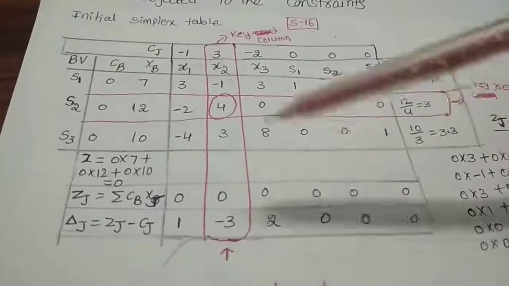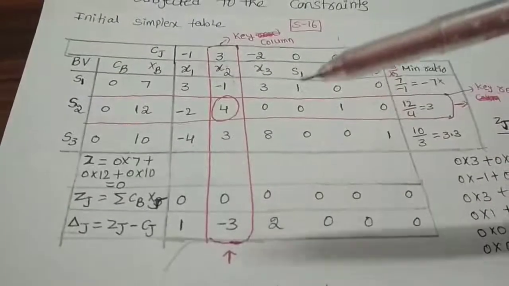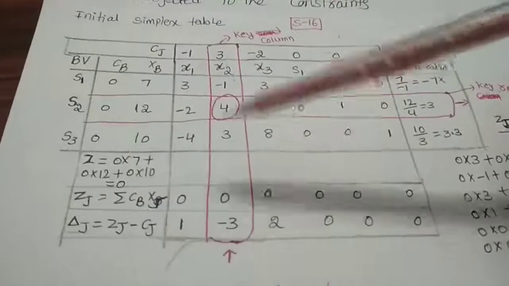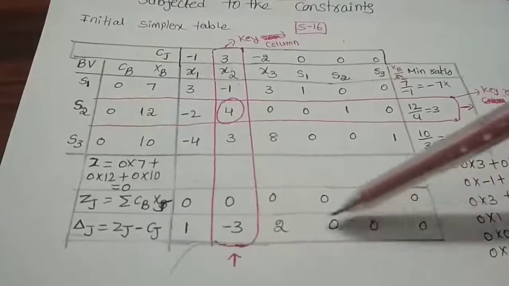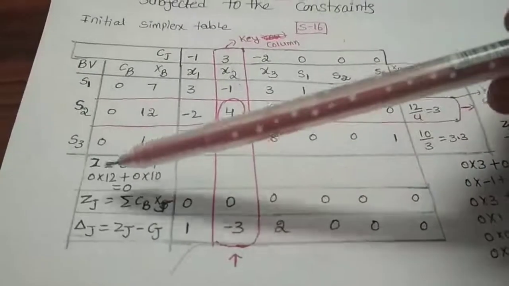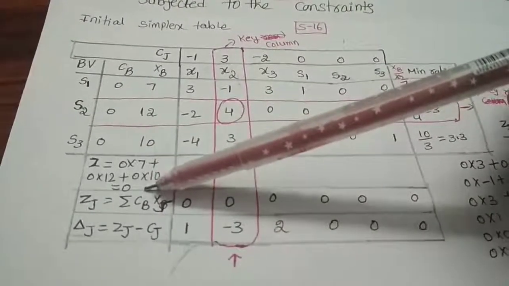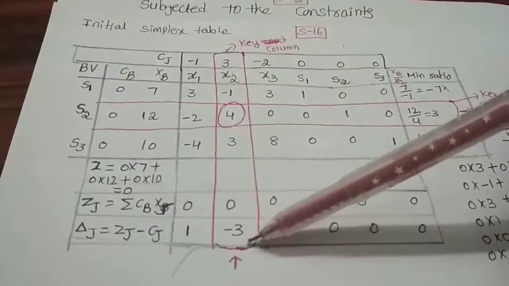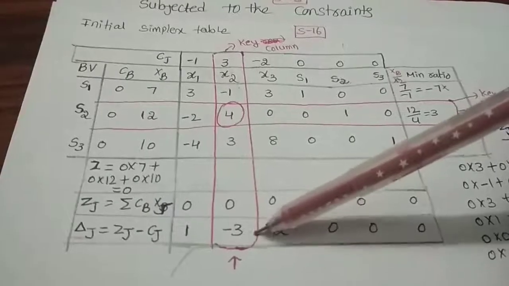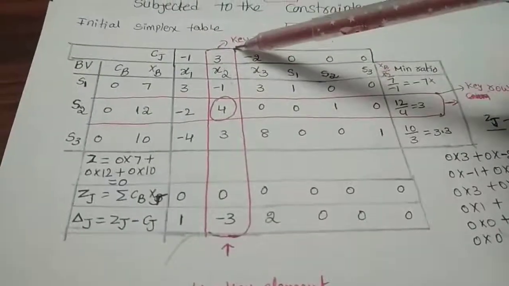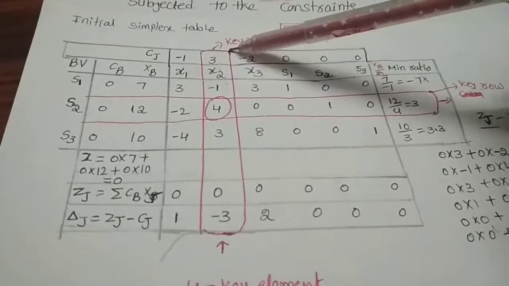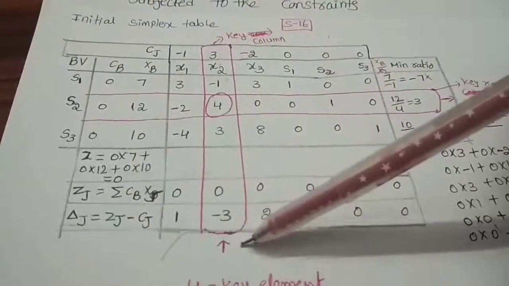Now how do we find the key row and key column? First, in delta J, if we get all values positive, our problem is completed. But here there is one negative value, that is -3. Therefore this is the key column. This is also known as the entering variable.